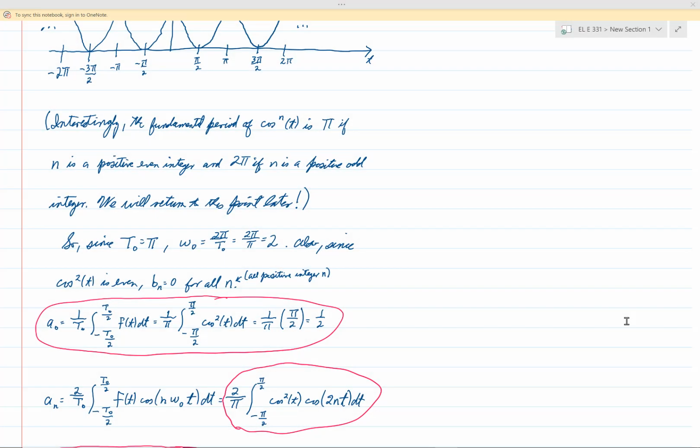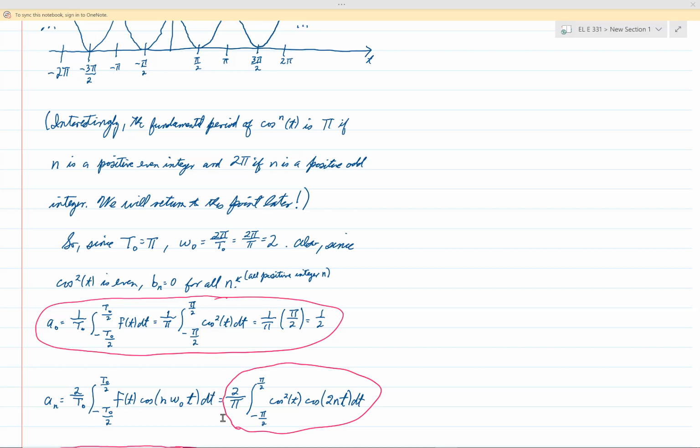So now that we have that a naught is equal to 1/2, let's see what we can get for the a n, where n is a positive integer. So the formula we have for this from table 5-3 is a n equals 2 over t naught times the integral from minus t naught over 2 to t naught over 2 of f of t cosine of n omega naught t dt.